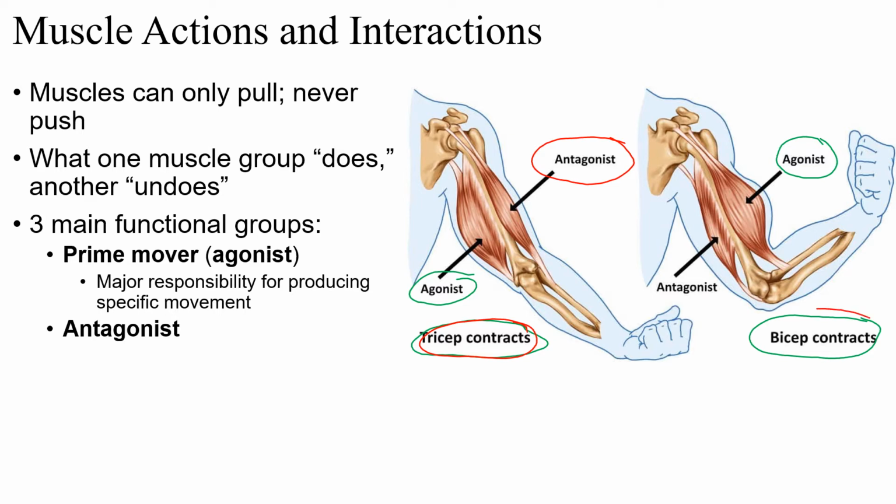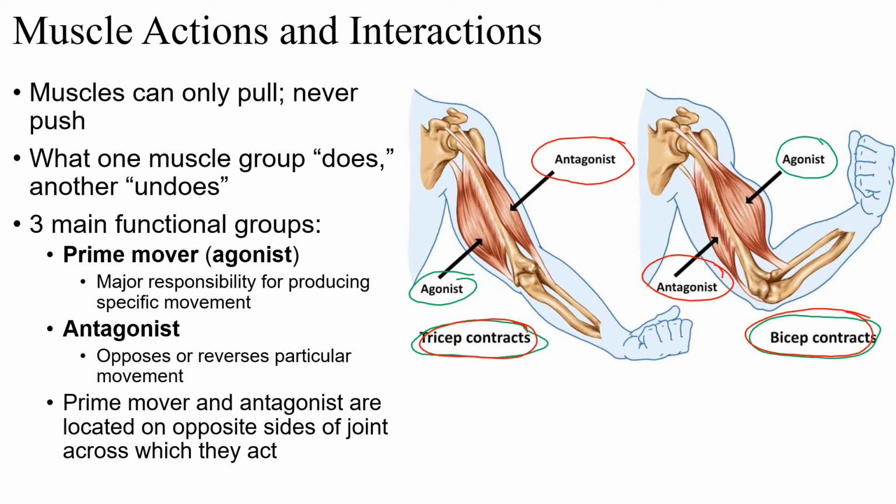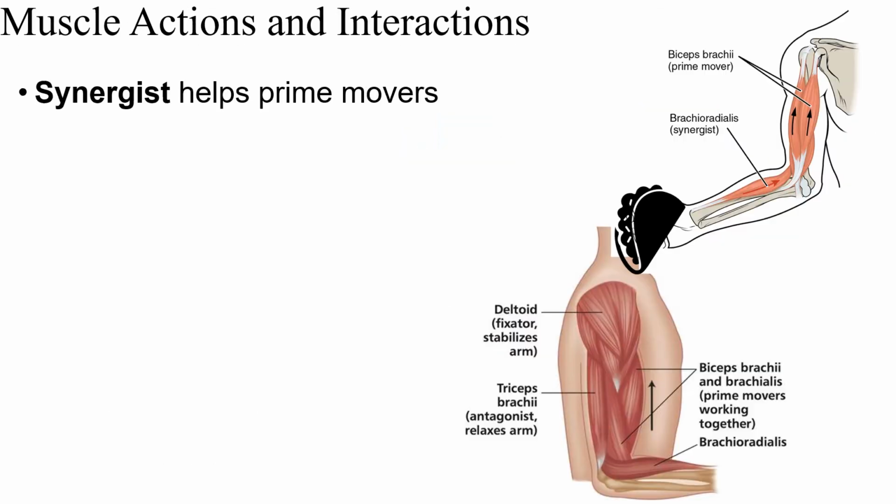When we have our bicep contracting, our antagonist is going to be the tricep, and the tricep is going to undo whatever the bicep does. So it opposes or reverses a particular movement. Now, the prime mover and antagonist are usually located on opposite sides of the joint, and so they're going to allow for movement at that joint, depending on what's going on.